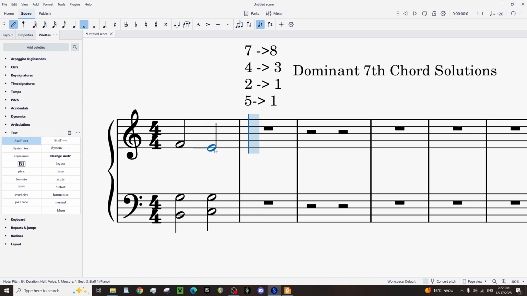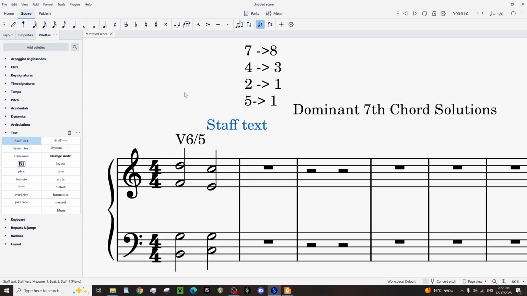This one go down here. This will go here. So now we actually have the G. Amazing. V6/5 and a C chord.